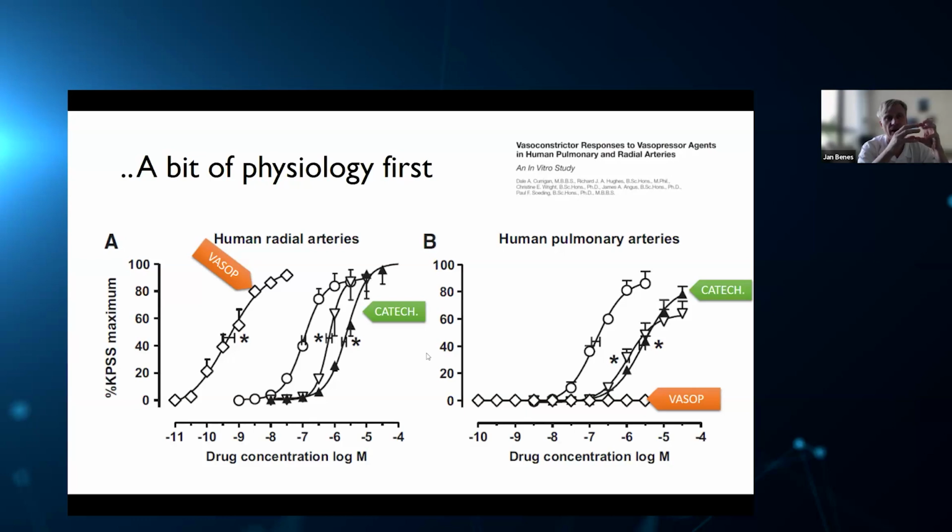This leads to the fact that if you are using catecholamines, you are increasing systemic vascular resistance, and you are increasing the pulmonary artery resistance in the same way. While when you are using vasopressin, the V1 receptors are not in the pulmonary circulation, or not to that extent. So you are increasing systemic resistance, but you are not increasing the pulmonary resistance. So those are important differences between the substances.